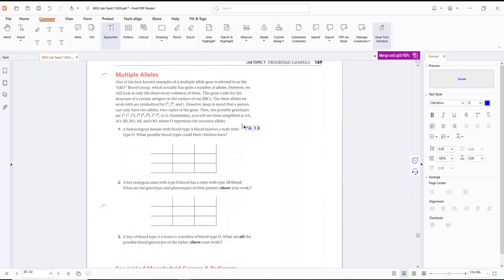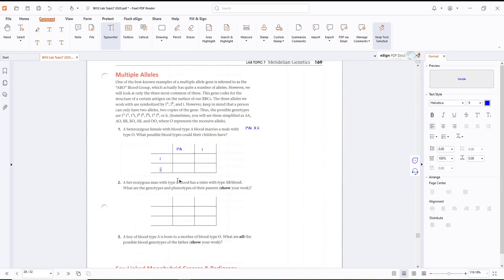Okay, so here's the genotype of the female. One of her alleles is big I with the A attached. The other allele is the recessive. The male is little i, little i. That's how we set it up.